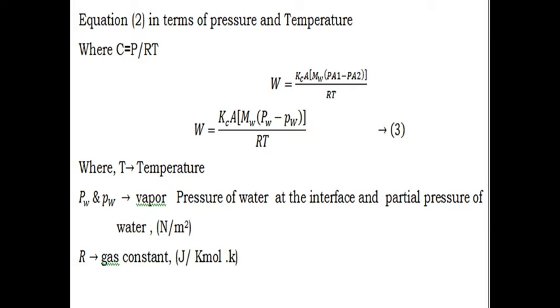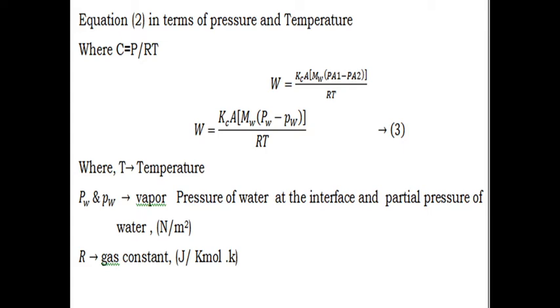In our case, Pa1 and Pa2 are the partial pressures of water vapor at the interface and in the surrounding air. But here the liquid is converted into vapor, so at the interface the vapor is present. That is why, instead of the partial pressure, we use the vapor pressure.